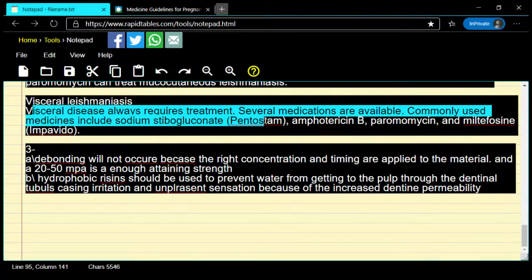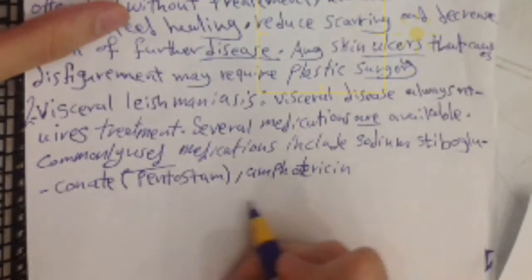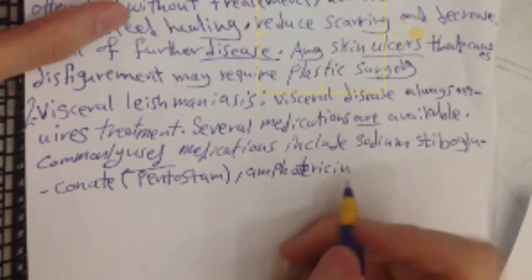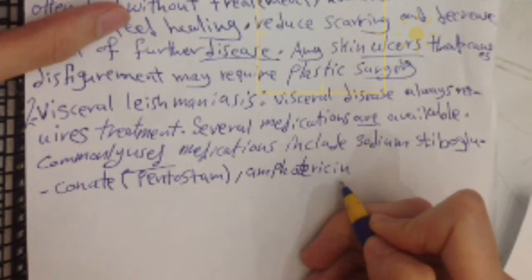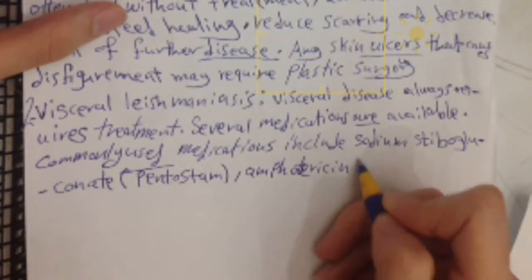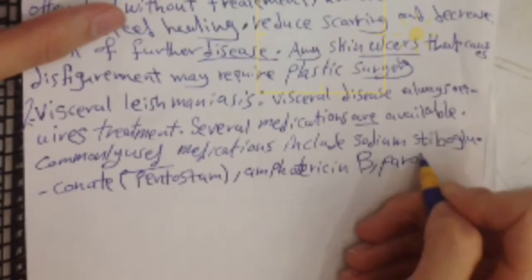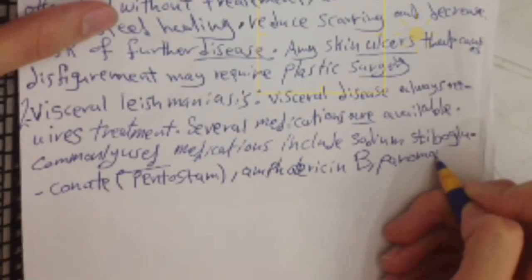Several medicines are available. Commonly used medicines include sodium stibogluconate, pentostam, and there are others other than pentostam, called amphotericin B and paromomycin.